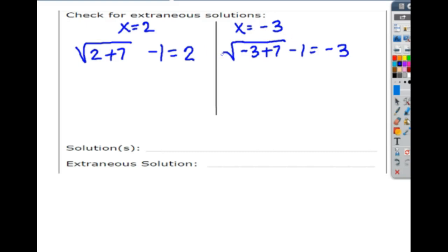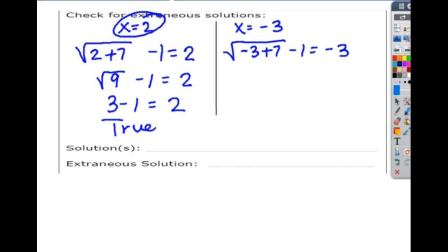So 2 plus 7 is 9. That would be the square root of 9 minus 1 equals 2. Square root of 9 is 3. Is that true? 3 minus 1 equals 2? That is true. That means this is a solution.